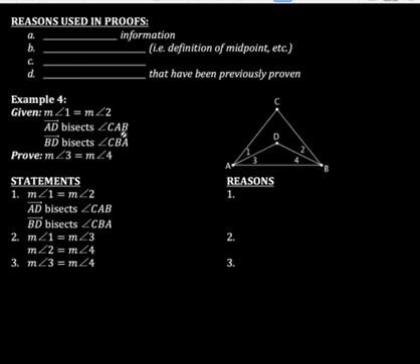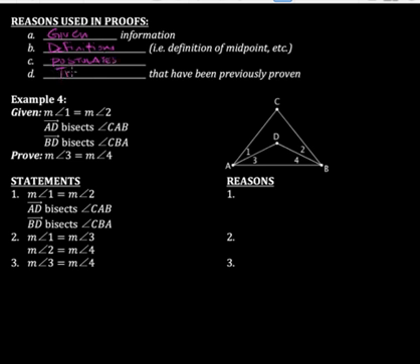But right now, let's go to the last bit of the note sheet where I have here, what kind of reasons will we be using in proofs? Well, obviously, some of our reasons will be given because we're going to use the given information in any proof. We will also use definitions. We will also use postulates.